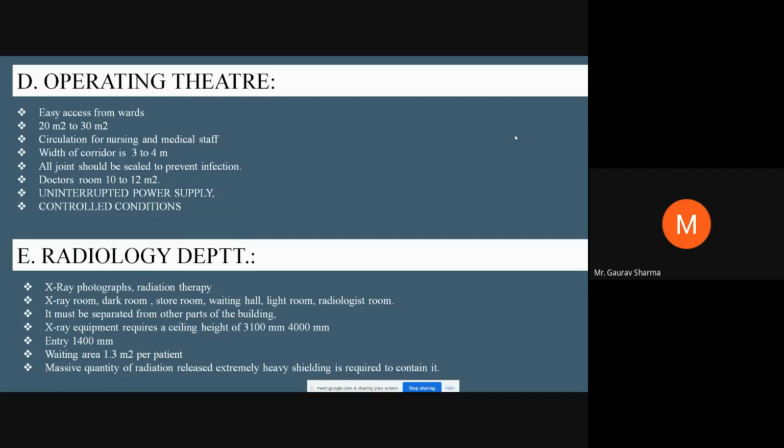It must be separated from other parts of the building, obviously. Why I'm saying so, that it should be separated, is because these X-rays are harmful for the person who does not require to be examined at that time.